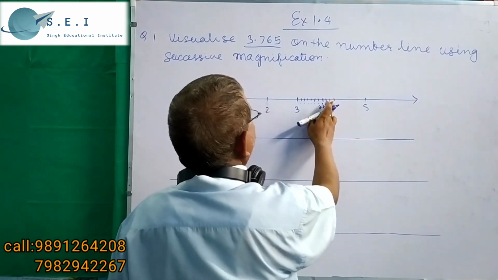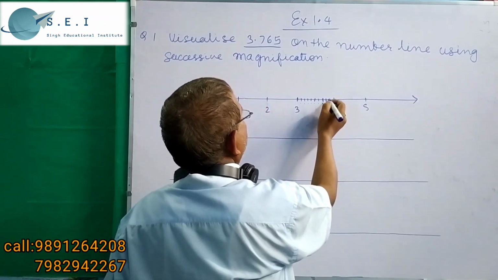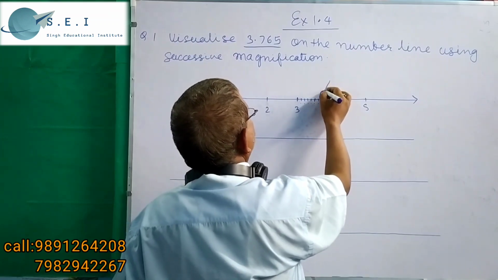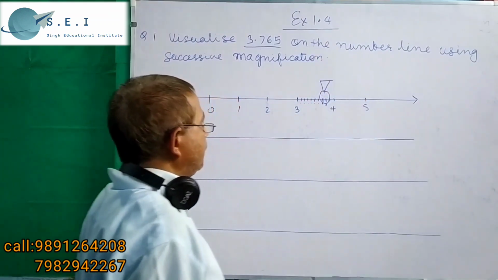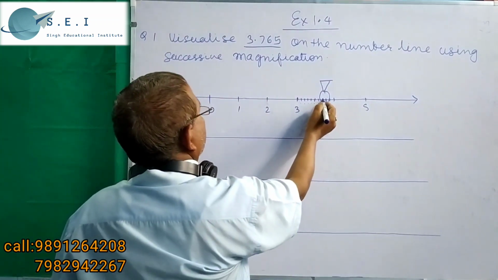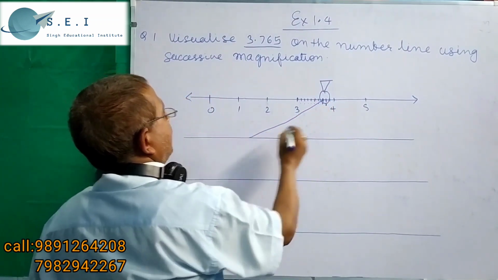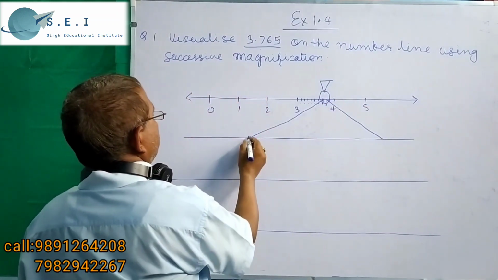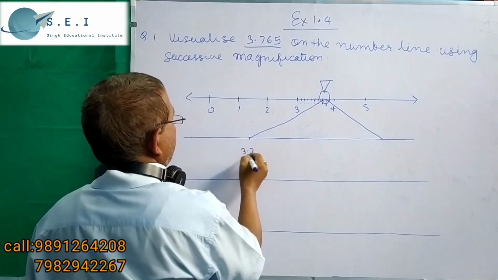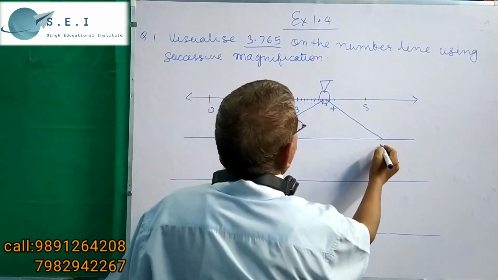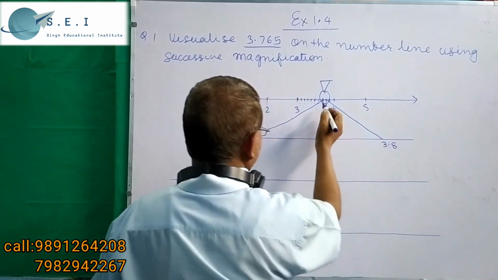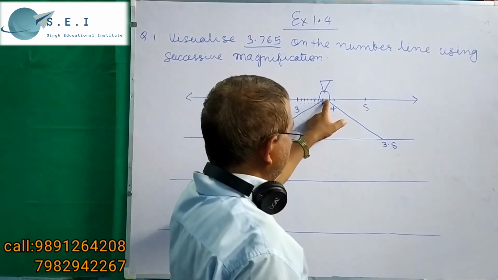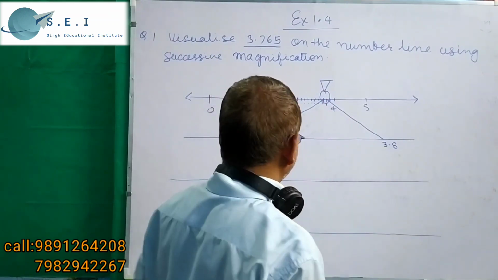So these two lines are magnified by a magnifying glass in a wider range. This 3.7 is represented at this point and this 3.8 is represented at this point.